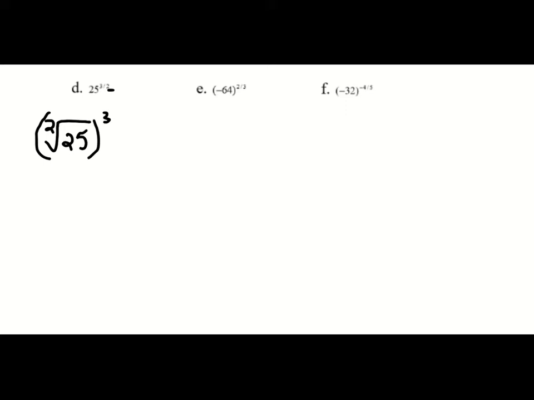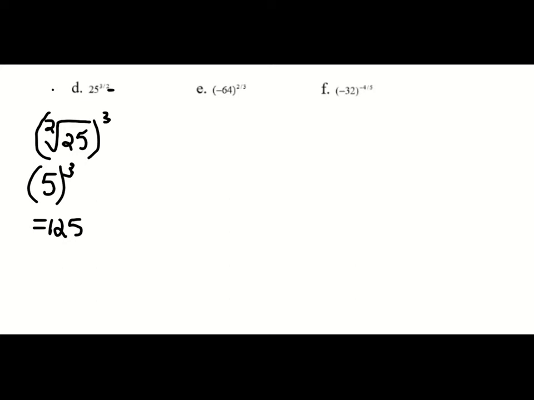I could do it the other way, 25 to the 3rd power and then take the square root, but it's a much bigger number. This way I don't really need a calculator, because I can take the square root of 25, which I know is 5, and then raise it to the 3rd power. I know 5 to the 3rd power is 125.